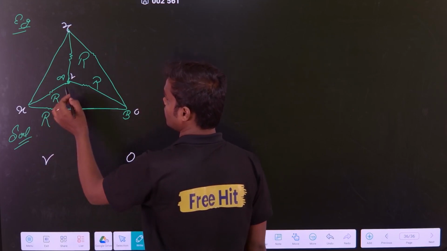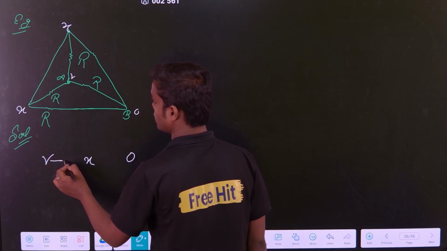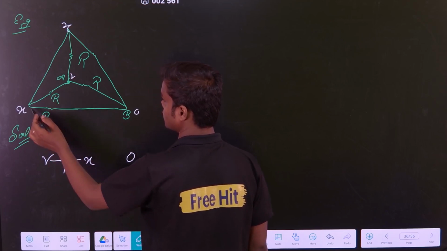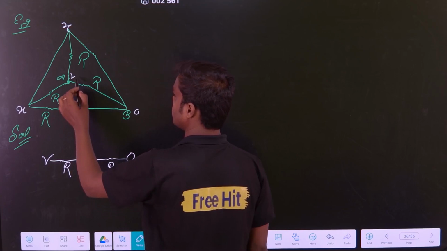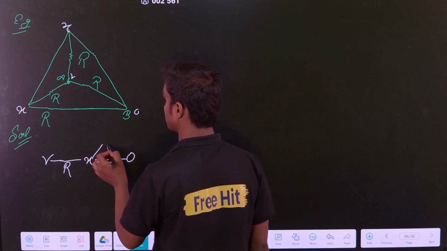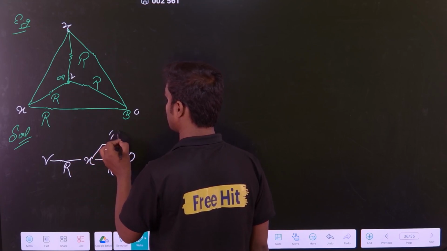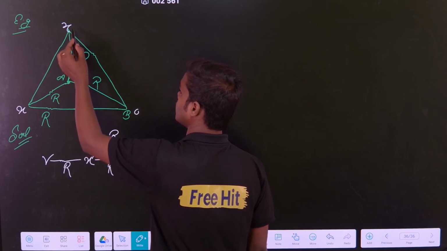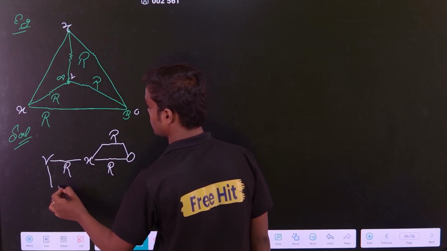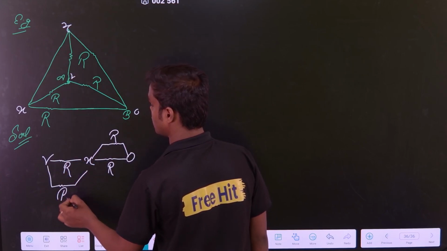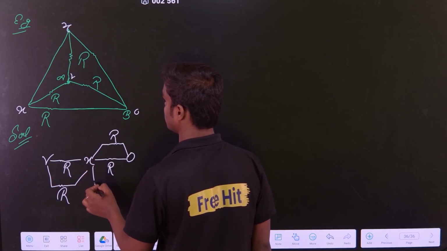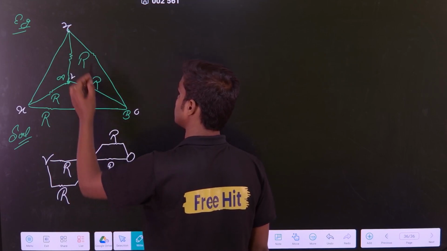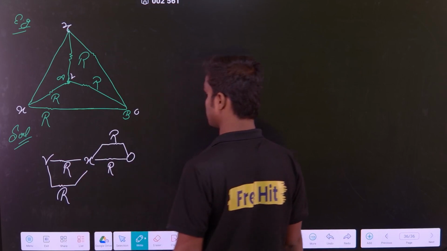Between V and x we have one resistance R. Then between x and 0 we have one resistance R. Then between V and 0 we have another resistance R. And between V and x we have another resistance R. And between x and 0 we have another resistance R. Oh, sorry, this is connected.